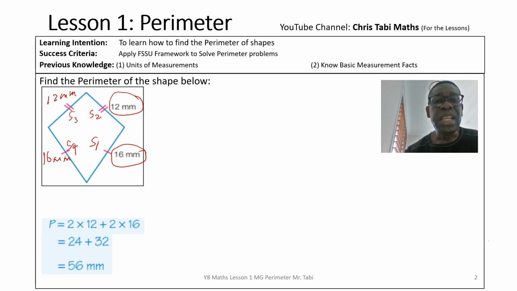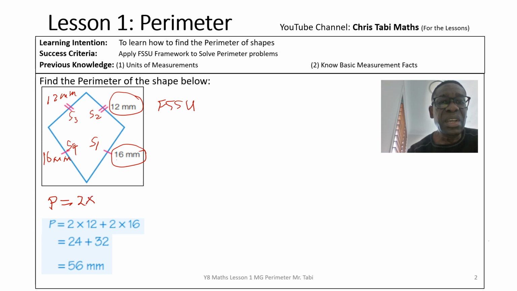Now, since the units are consistent, we will start by applying the FSSU framework. So perimeter equals, now you can see that sides 1 and 4 are the same.